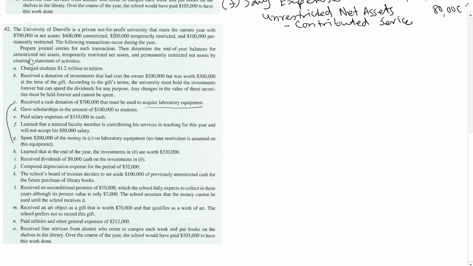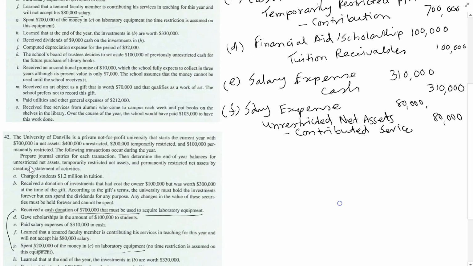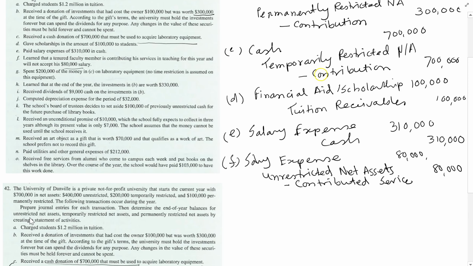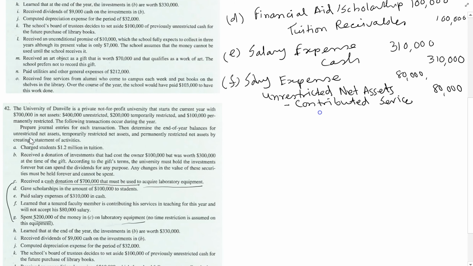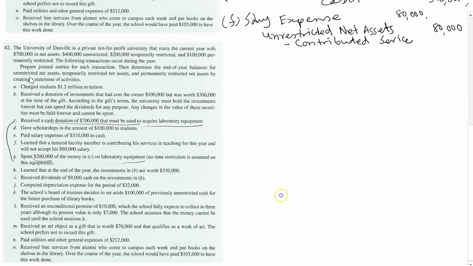So one general journal entry that you know is that if they purchase equipment, definitely equipment will be debited, and they're spending $200,000, so cash will be credited. But remember one thing is that actually the fund is coming from the temporarily restricted net assets, because we recorded this fund as temporarily restricted because of this donor's condition. Now we are using it to buy that equipment.